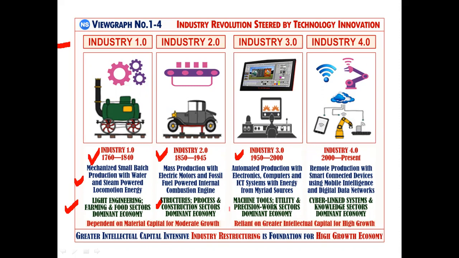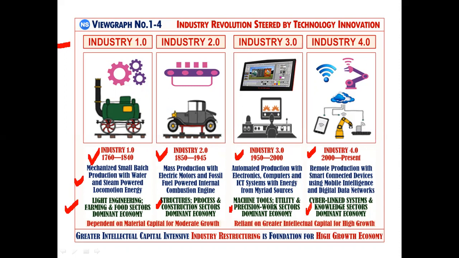What kind of economy do we have? Mechanical, machine tools, utility of precision work sectors dominant economy. And now, starting from 2000, we see Industry Revolution 4.0, and here, remote production with smart connected devices using mobile intelligence and digital data network.